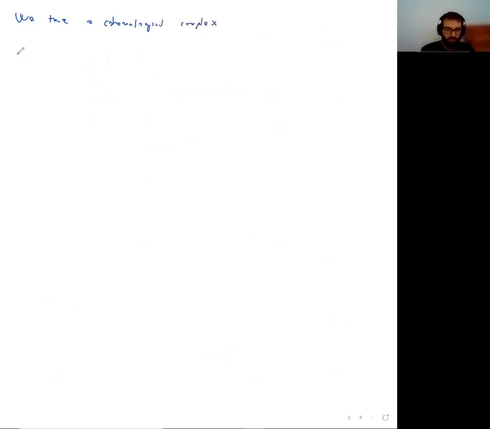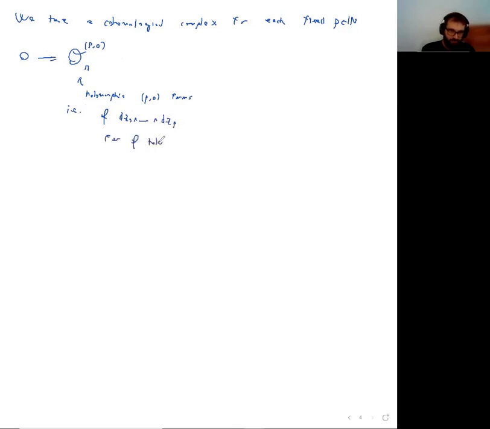And what is this cohomological complex? Well, we need to fix P. So for each fixed P, the first thing we put here is P,0 forms which are holomorphic. So things which locally look like f dz1 ... dzP for f holomorphic.